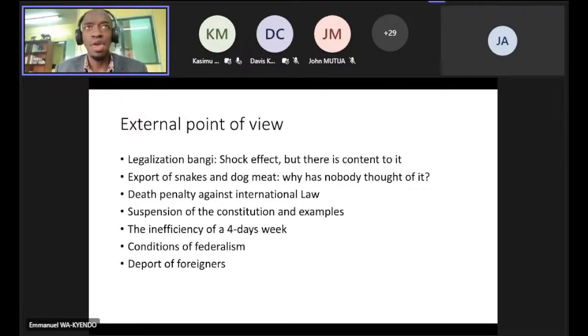Maybe the Americans would have been doing the same. Maybe our neighbors, Tanzania, would have also figured, hey, maybe we should pay off our debt by selling marijuana.